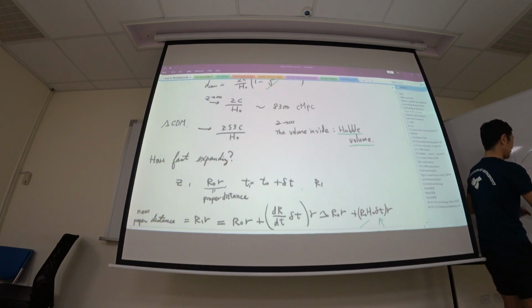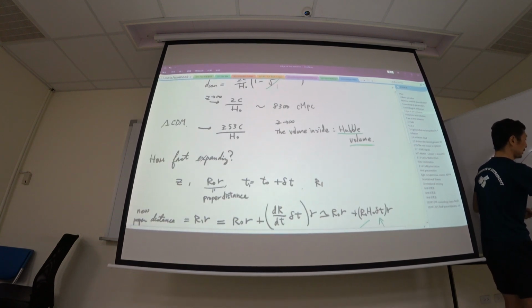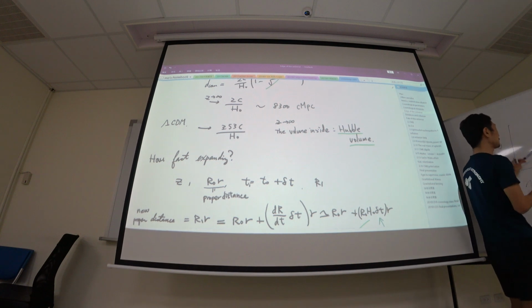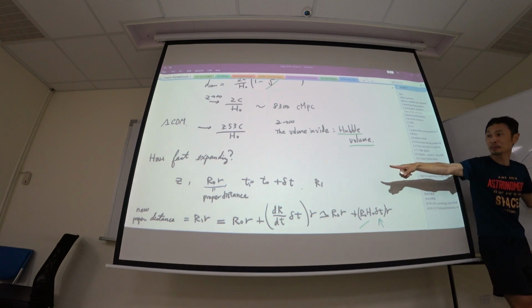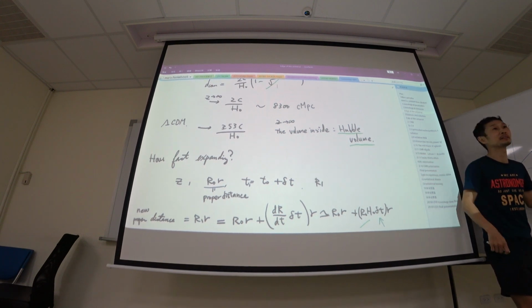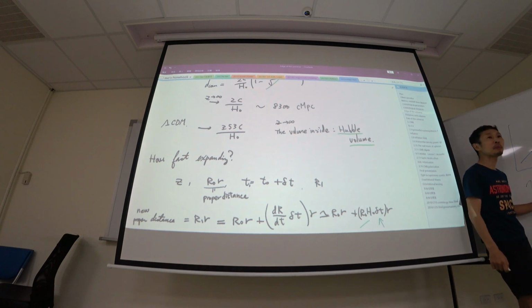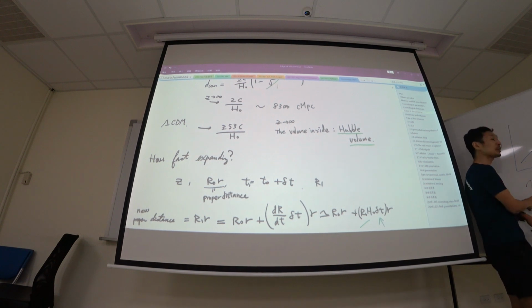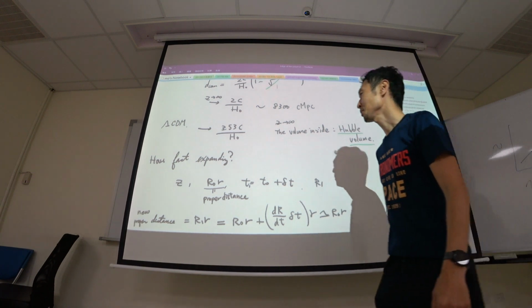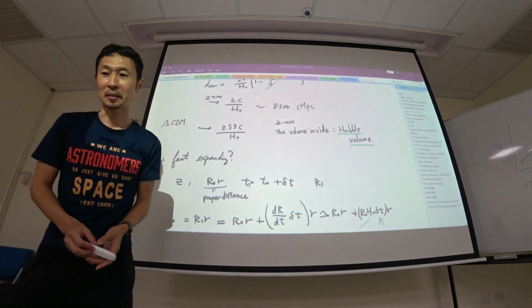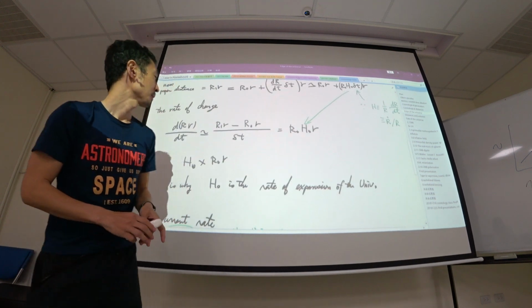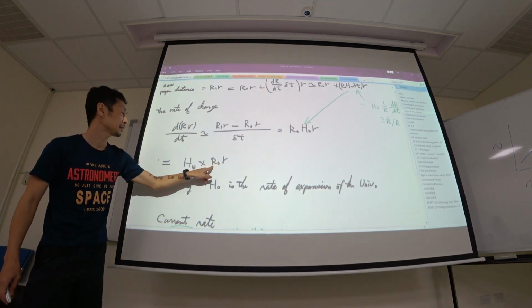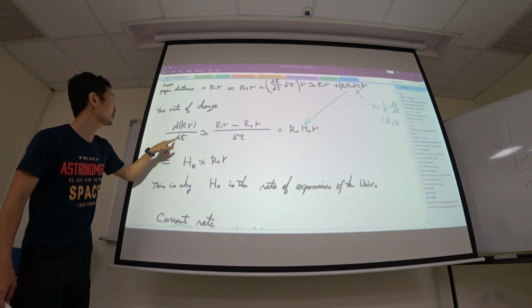Velocity is Hubble times distance, right? This is right. And this distance we just calculated, right? That's 3 point something. So we just multiply by the Hubble constant, and then we get the velocity, the expansion speed of the universe. Let's do that. So that's what I'm doing here. Just the distance times the Hubble parameter gives you the velocity.